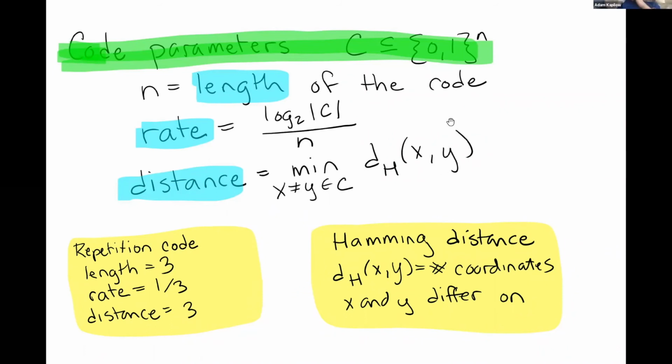That's nice. Yeah, it is really nice. So are rate and distance kind of at odds with each other a little bit? Yeah, so it's sort of a balancing act. How do I get a code that's both distant and effective, really high rate?